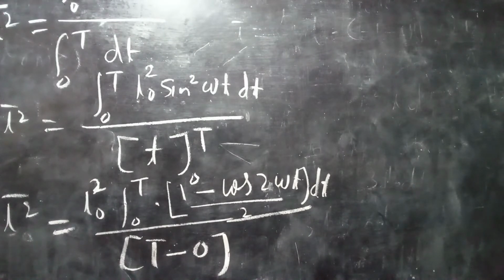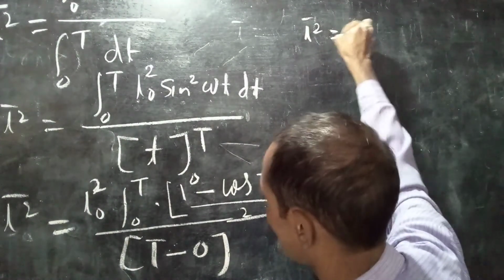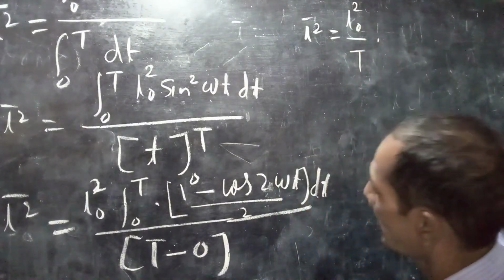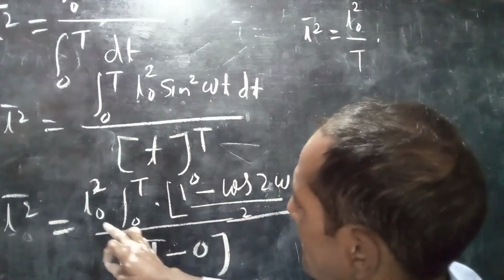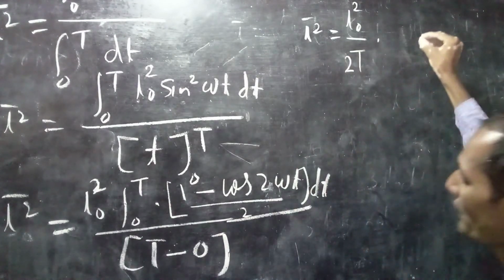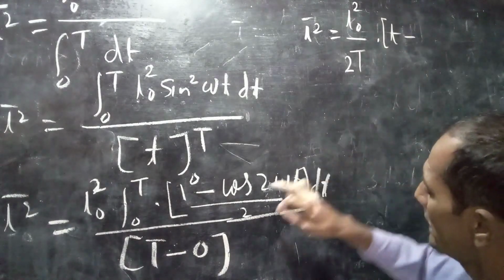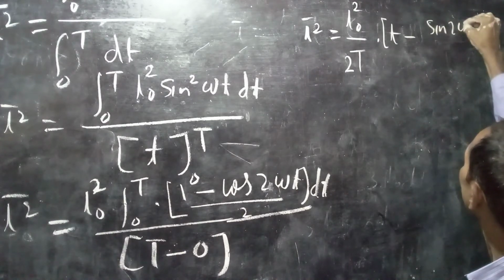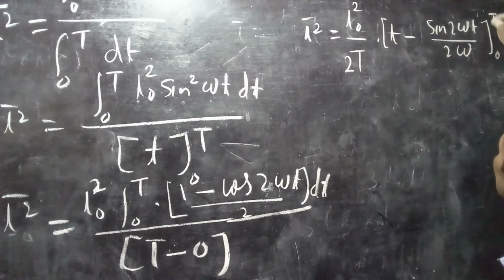So I square bar is equal to I0 square upon T. Now we integrate this function. This 2 is constant, so it comes out of the integration, giving 1 upon 2. The integration of 1 with respect to t becomes t, and the integration of cos 2 omega t with respect to t becomes sin 2 omega t upon 2 omega, with upper limit T and lower limit 0.